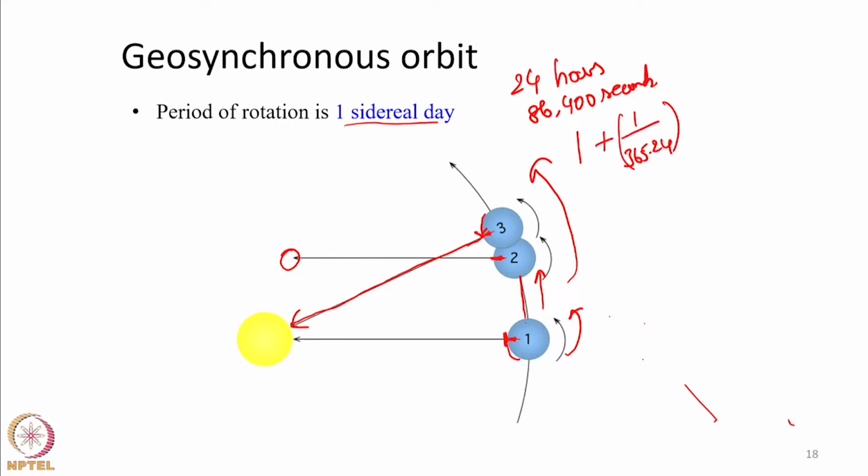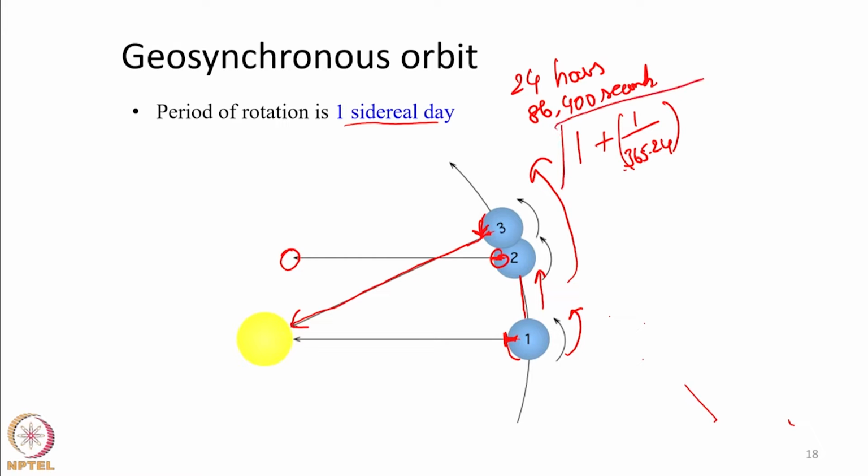One full rotation around itself is when this reference point comes back in an exact full circle, but in order to see the Sun, it makes slightly more than one rotation, and that extra rotation in a day will be 1 by 365.24, because Earth takes 365.24 days to complete one full revolution around the Sun, and this is 1 out of the 365.24 days.